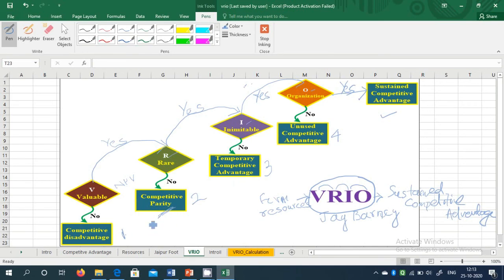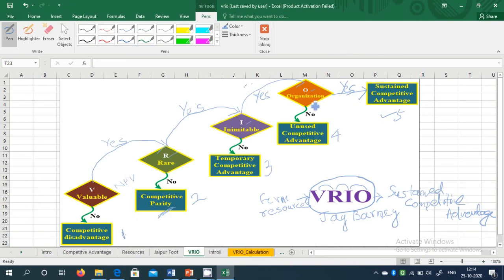We can find out what can be done so that sustained competitive advantage can be achieved. If you say a resource pool is very important for my organization's sustainability, you have to find out whether it is valuable, rare, inimitable, and whether the organization is working on it or not.